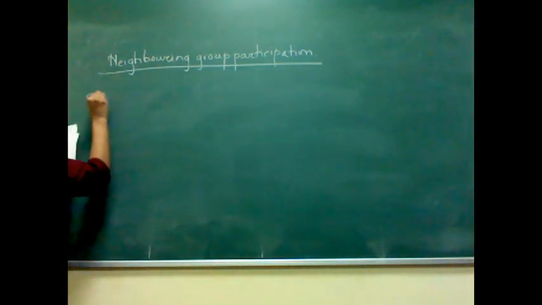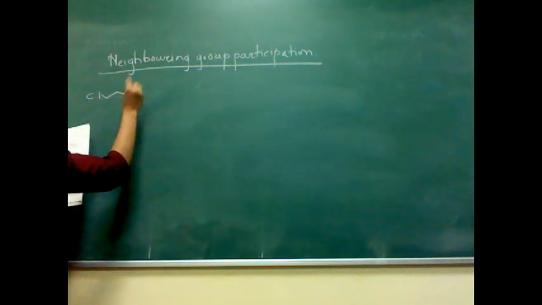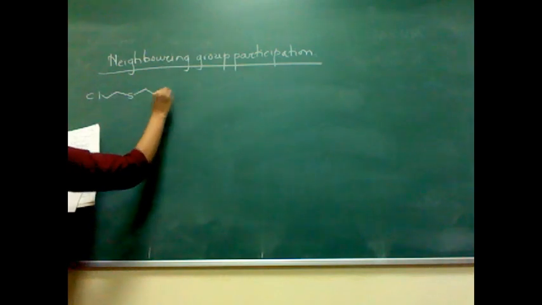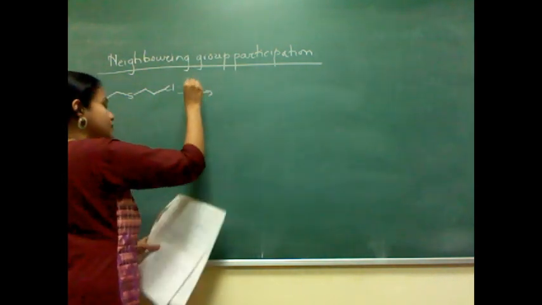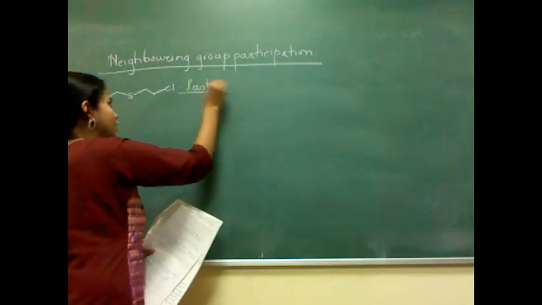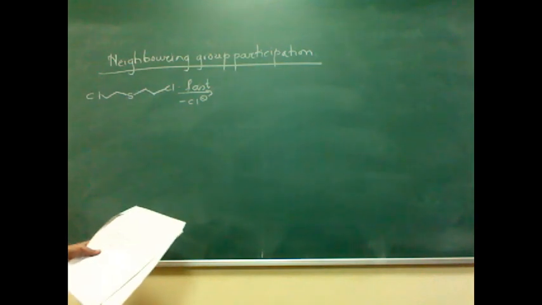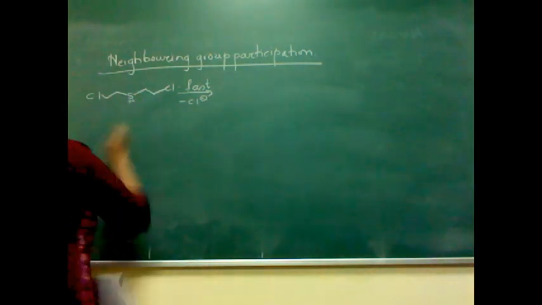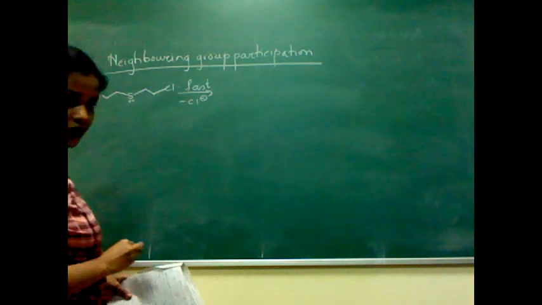So this is a substrate. What you find is it reacts faster, leading to the loss of the chloro group. Now what you find in this case is, again, sulfur possesses a lone pair of electrons.